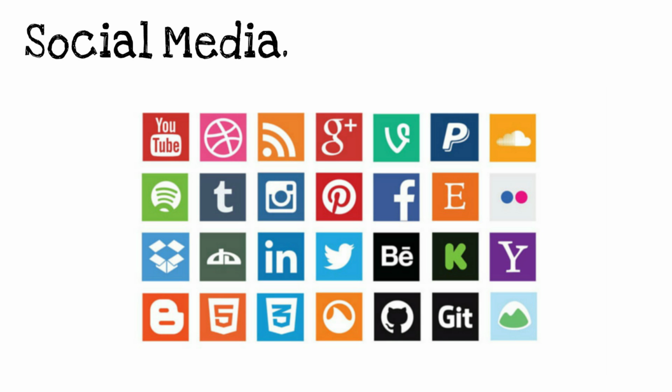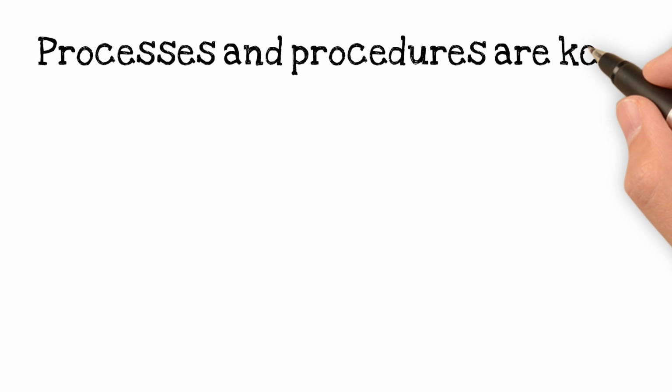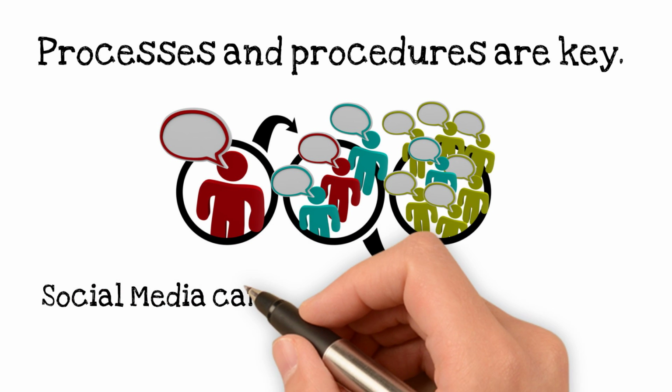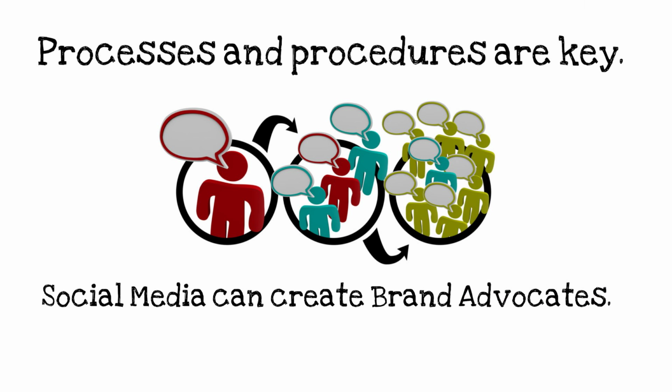There are a number of processes and procedures that you should consider adopting to make sure that you can provide a 24/7 service to consumers. But it also allows you to build brand advocates who can help with the promoting of your brand.